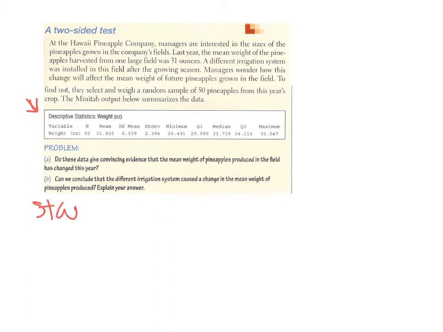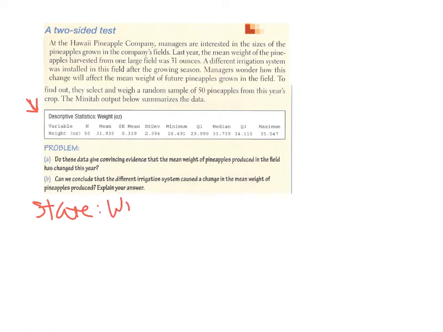The first step is our statement. We want to perform a test to see if the mean weight in ounces of all the pineapples grown in this field is equal or not to 31.